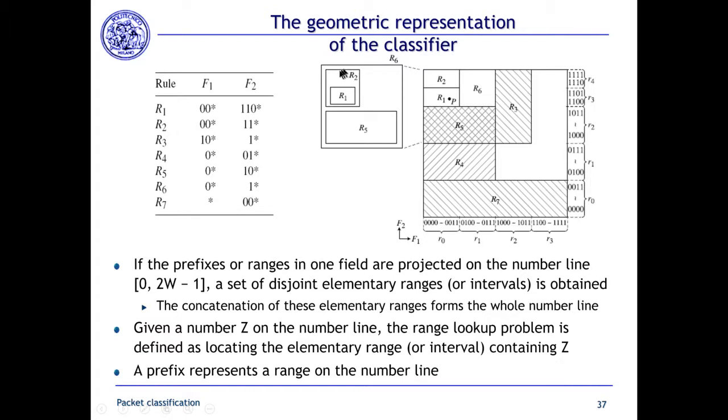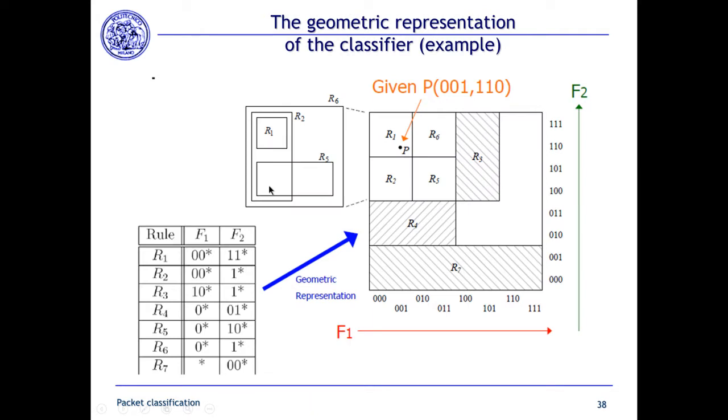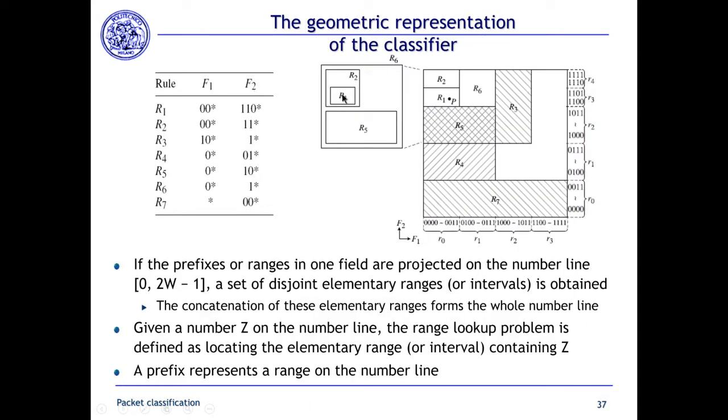You see that rule 6 is the big square, containing rule 5 and rule 2, and rule 2 is containing rule 1. These are overlapping rectangles. However, we have to consider the priorities. Rule 1 has the highest priority, rule 2 has lower priority, then there is rule 5 and there is rule 6.